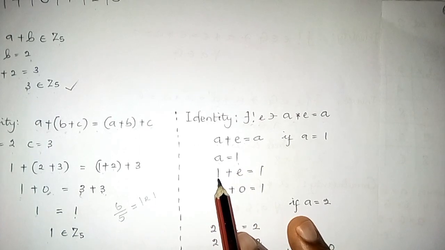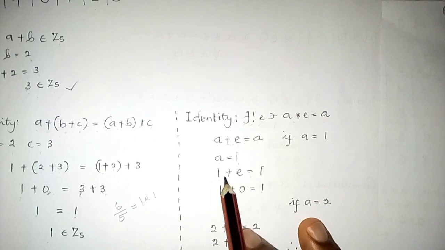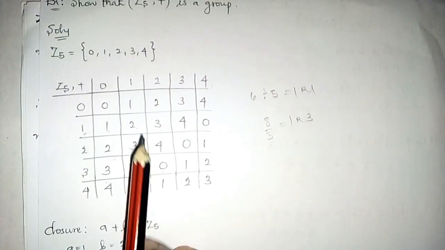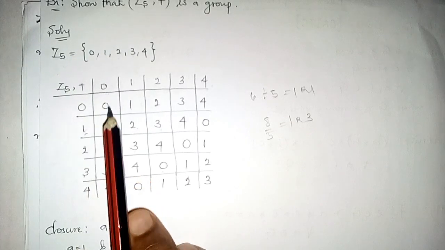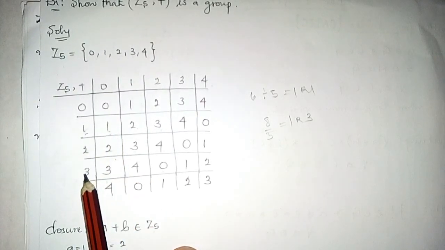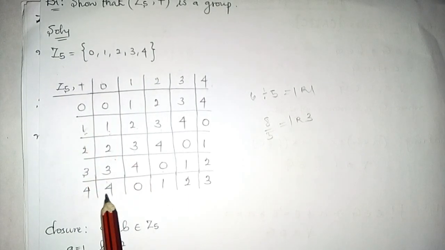That means 1 plus e equals 1. What do we add to 1 to give us 1? It should definitely be 0. And even from the table, 1 plus 0 gives us 1, 2 plus 0 gives us 2, 3 plus 0 gives us 3, 4 plus 0 gives us 4.